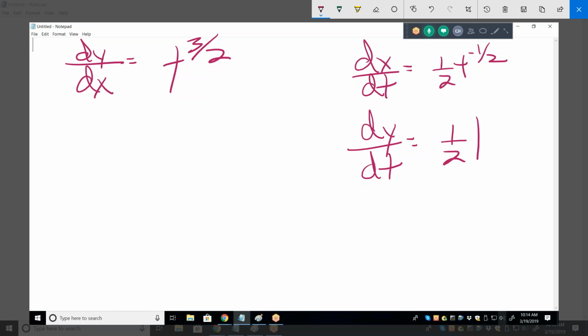So in our problem, we solve for dx/dt, we solve for dy/dt, and that gives me dy/dx. Notice that dy/dx is dy/dt divided by dx/dt, which gives us t to the 3/2. All right, now to find the second derivative.